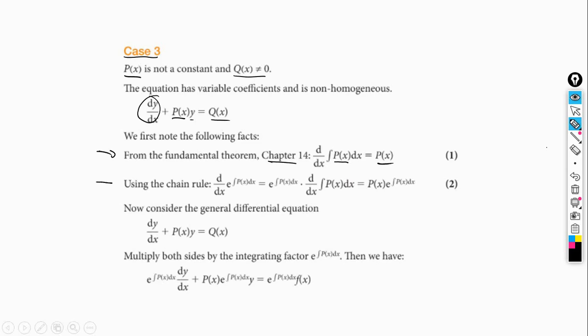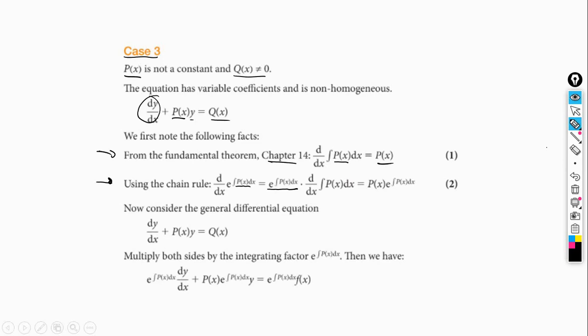Then, taking a look at the chain rule, if we do the derivative of Euler's number to the power of the integral of p of x dx, that's going to equal, and this is because of the rules related to Euler's number, e to the power of the integral of p of x dx times the derivative of the inside, applying the chain rule.